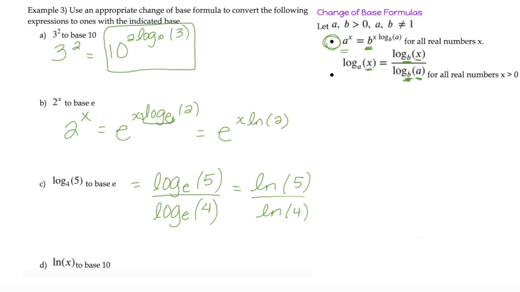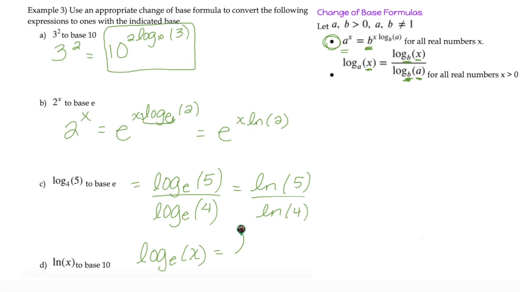And then finally, the last example, we have the natural log. We want to change that base to base 10. So it's still the natural log, which is a logarithm. I know that the natural log of x is the same as log base e of x. So if it's helpful that you can see all 3 parts, we want to change it to log base 10.